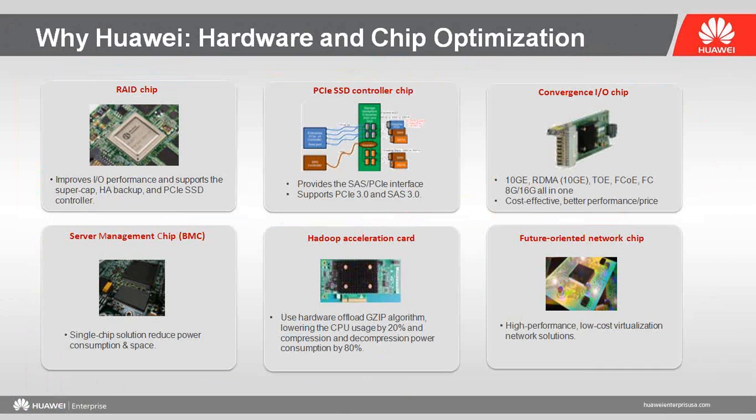RAID chips for high-performance I/O and controller chips for PCIe-SSD, convergent chips for FCoE, fiber channel, TOE, RDMA, 10 gig, all of the things you need for virtualized high-performance environments or high-performance compute. Server management chips, obviously, and looking towards the future generation of networking chips, but at the same time recognizing that we need acceleration cards for things like Hadoop and other database style applications.